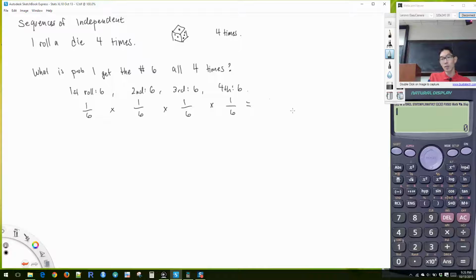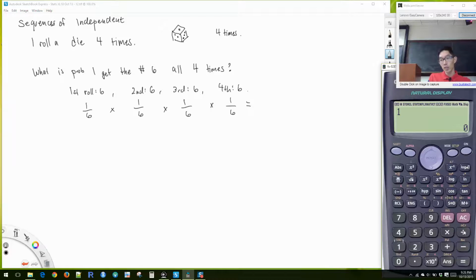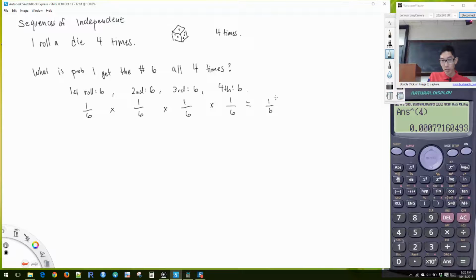It's going to be 1 out of 6, and I have to raise that to the 4th power. So it happens with probability 0.00077. This is 1 out of 6 raised to the 4th power, or 0.00772.